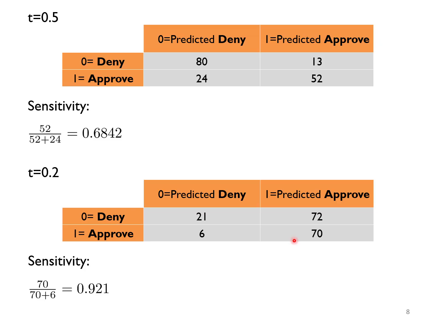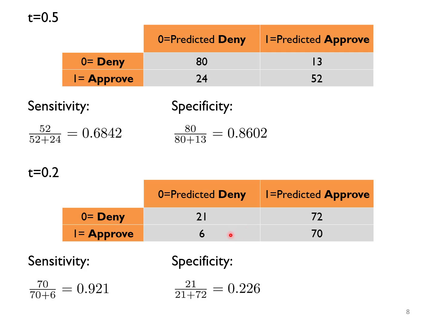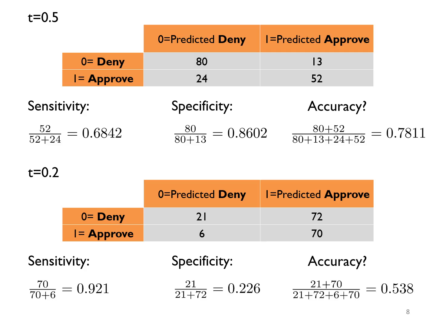So my sensitivity goes up. But the specificity in my original case was higher, so it's 80 divided by 80 plus 13, all of the actual 0 cases. But when the threshold goes down, my model is worse at this parameter because it's not picking up the 0 cases as well. That's, again, the inherent trade-off that's shown by the ROC curve. The overall accuracy of these two models also changes, again, because of the way I chose my threshold value.